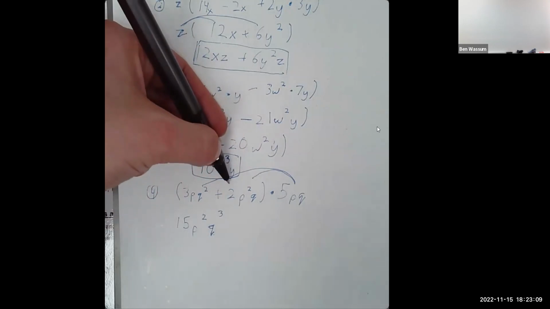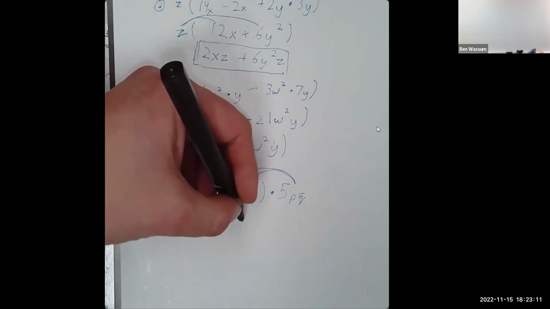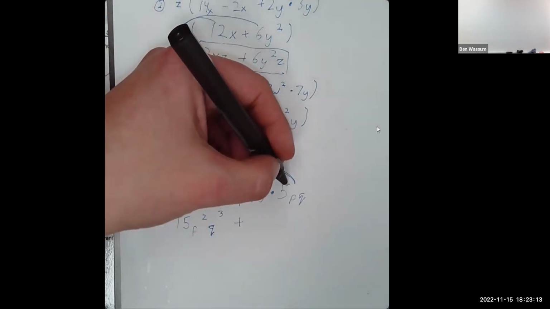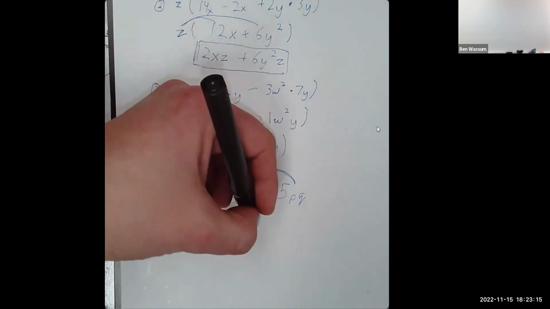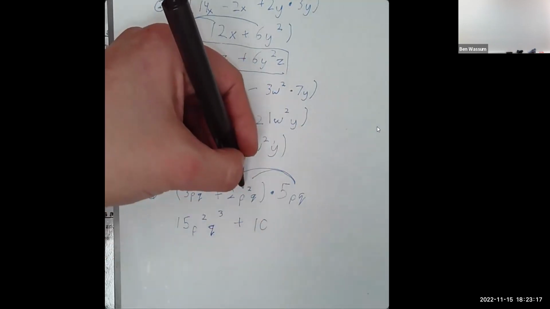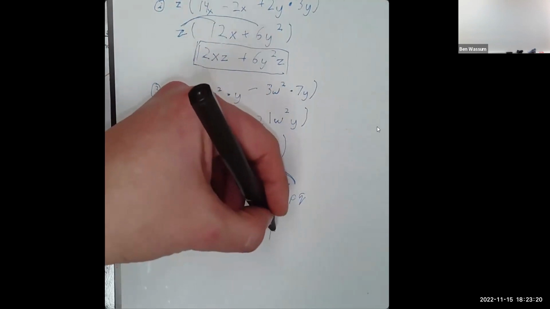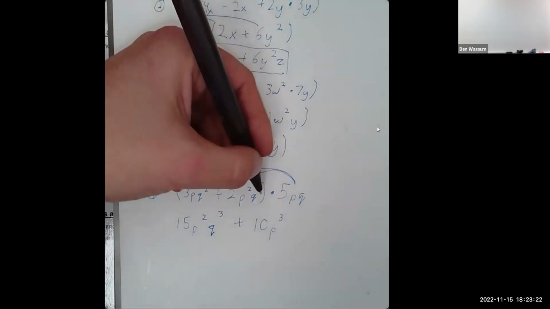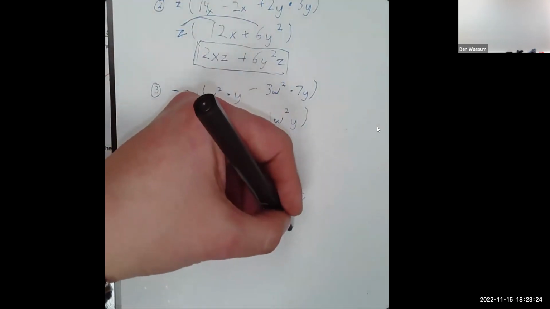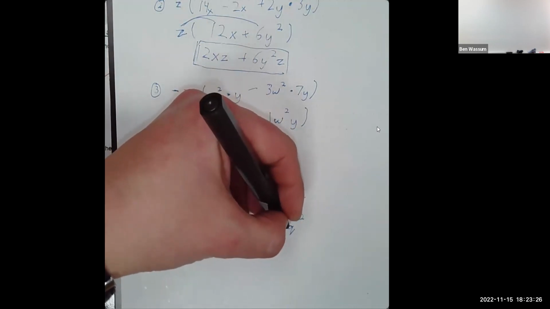Then we multiply this times that term. So we'll have 5 times 2, that's 10. P squared times p would be p cubed. And then q times q is q squared.